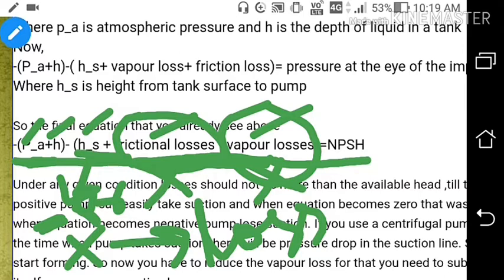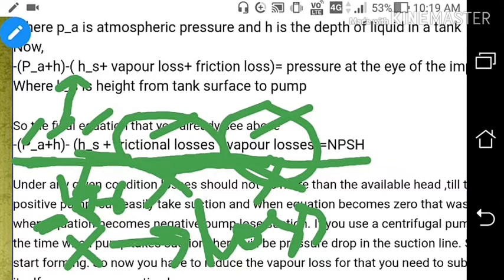So these are the three cases. And if the liquid level in the tank is low, then also it can cause NPSH to become negative. Pa is the atmospheric pressure, which is constant. So these are all the causes which can make the NPSH go to a negative value.